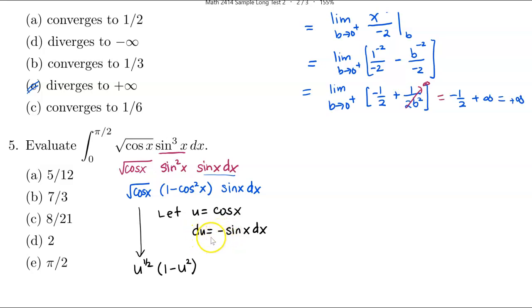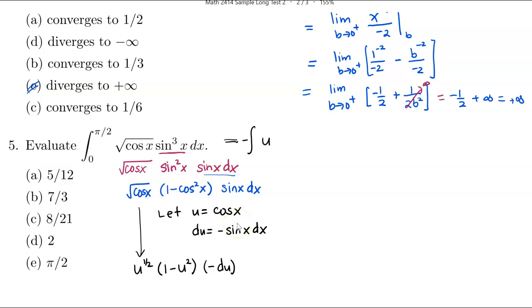So you move that negative sign to the other side of the equation, and you get the expression for sine x dx, which will just be negative du. Now let's go back to the problem. The problem here will then be, you can put the negative sign outside.